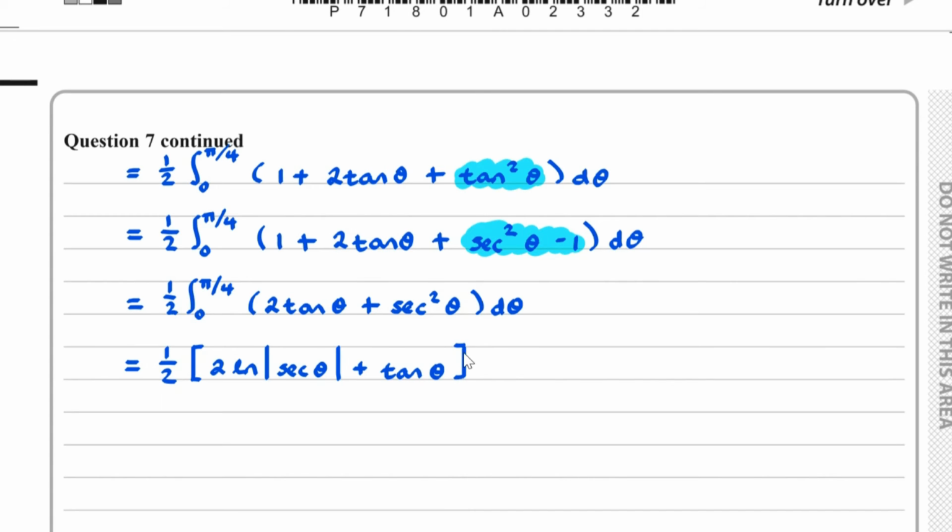And I need to work this out between 0 and pi over 4.